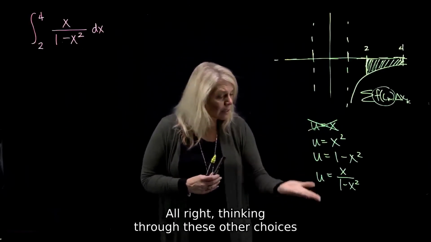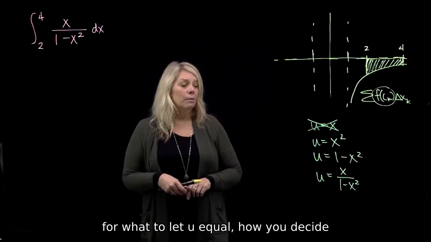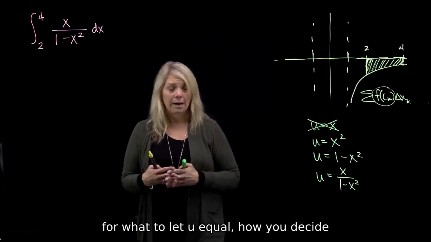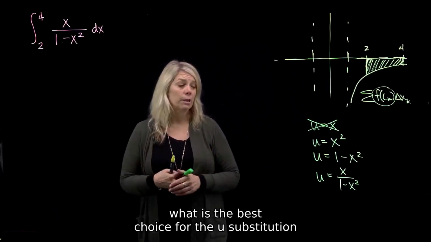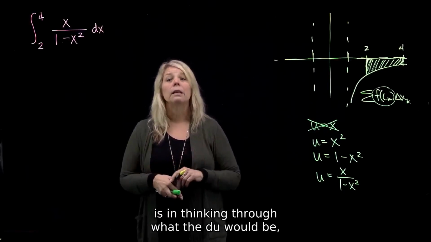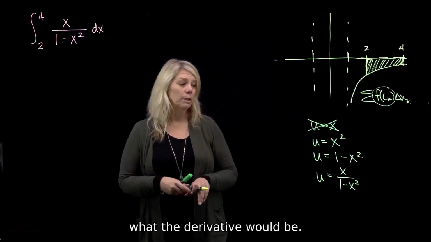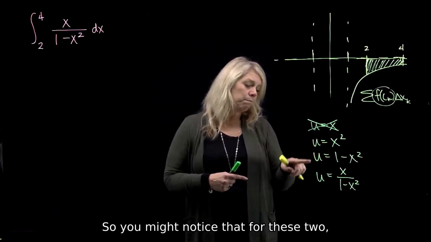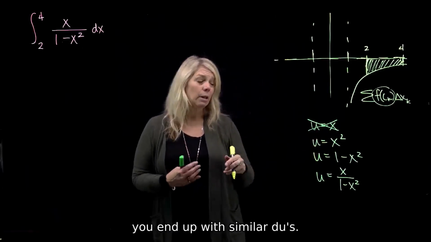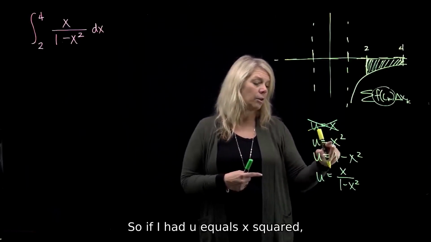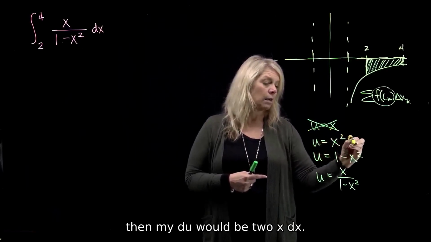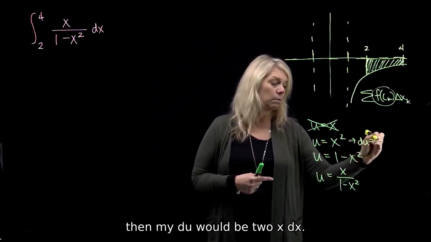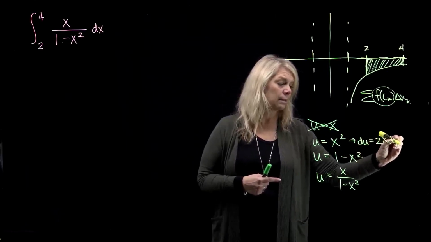Thinking through the other choices for what to let u equal, how you decide on the best choice for the u-substitution is by thinking through what the du, the derivative, would be. You might notice that for these two, you end up with similar du's. If u equals x squared, then du would be 2x dx.